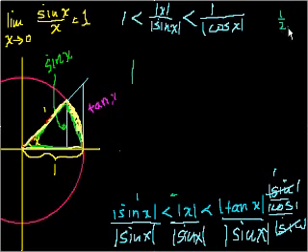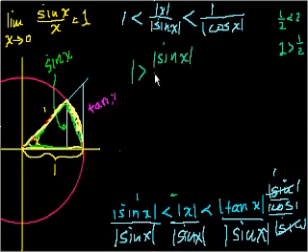If I say 1/2 is less than 2, and I invert both sides of that, I get 2 is greater than 1/2, right? So that hopefully gives you a little intuition. So if I'm inverting all of the sides of this inequality, I have to switch the inequality signs. So 1 is greater than the absolute value of sine of x over the absolute value of x, which is greater than the absolute value of cosine of x.